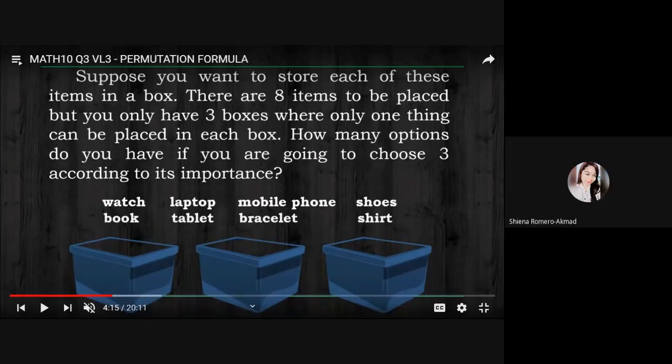Shirt. Ay ako okay na kung walang shirt basta may laptop, mobile phone tsaka may book. Wi-Fi. Ay, walang wifi laptop lang. So, itatago mo ba sa box yung wifi mo? Paano makaka-connect? Sa bulsa.